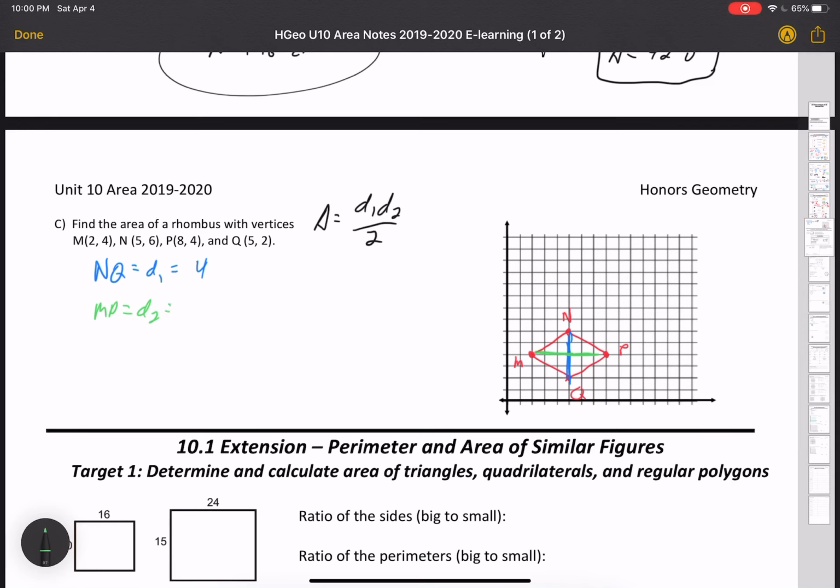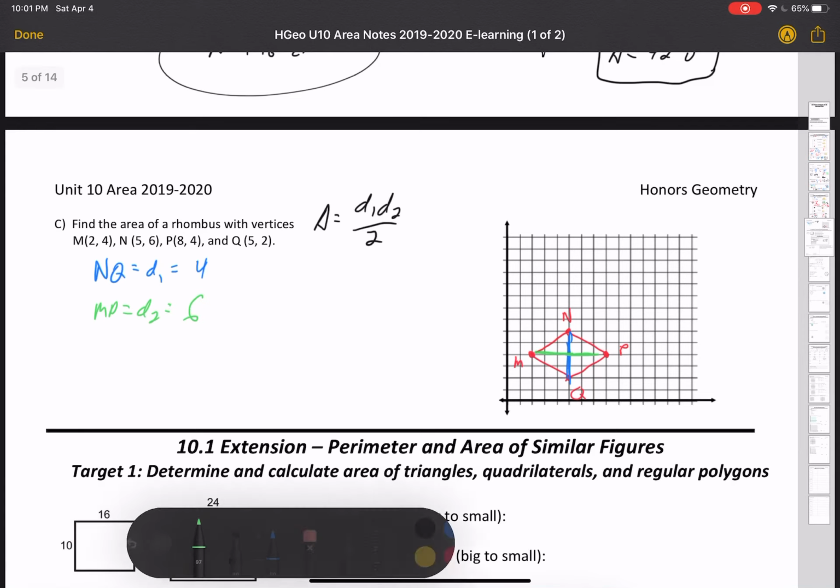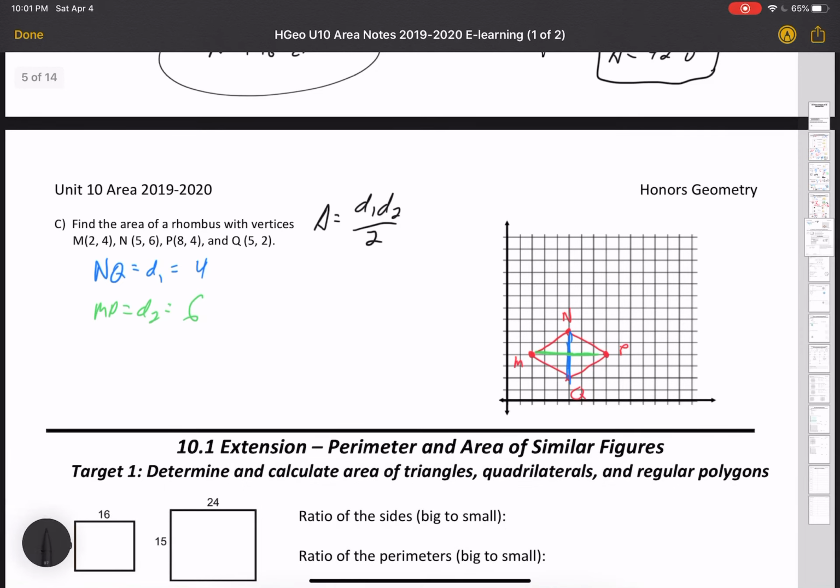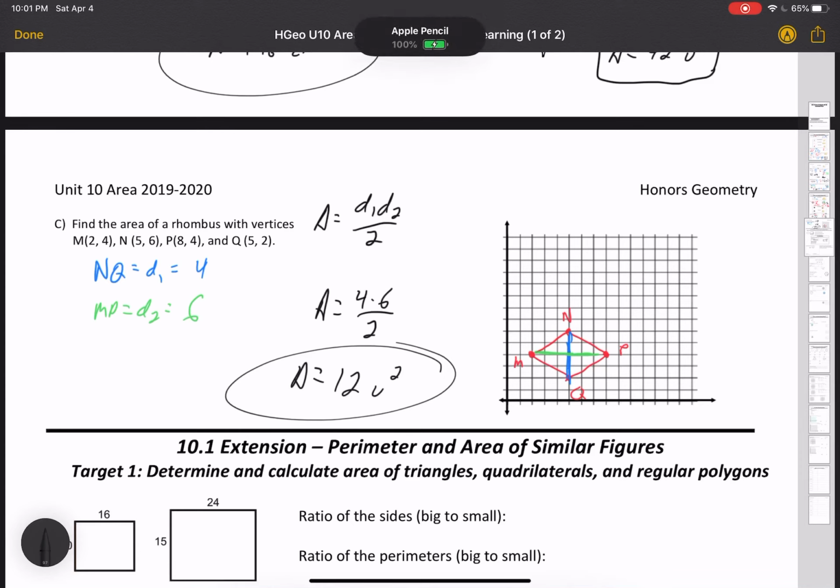And that's going to be diagonal 2. It's going to be 1, 2, 3, 4, 5, 6 units. So to find the area of these figures, I'm just going to take 4 times 6 divided by 2. So area is 12 units squared. So there are 12 1-by-1 blocks that I can fit inside of that rhombus to fill it up in two-dimensional space.